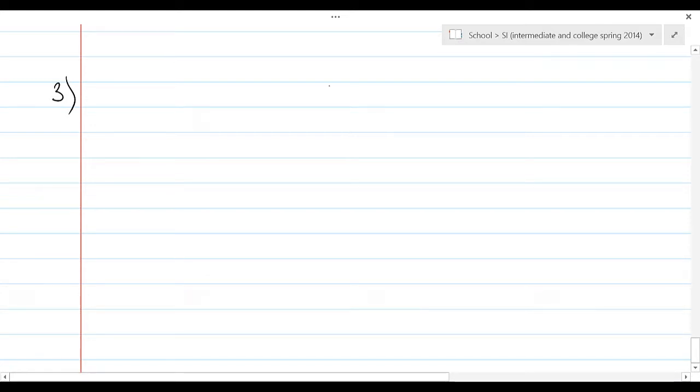I'll let you take a second to think about it. All right. The midpoint formula is x1 plus x2 over 2, comma, y1 plus y2 over 2. And that's just how you find the midpoint if you're given 2 endpoints.